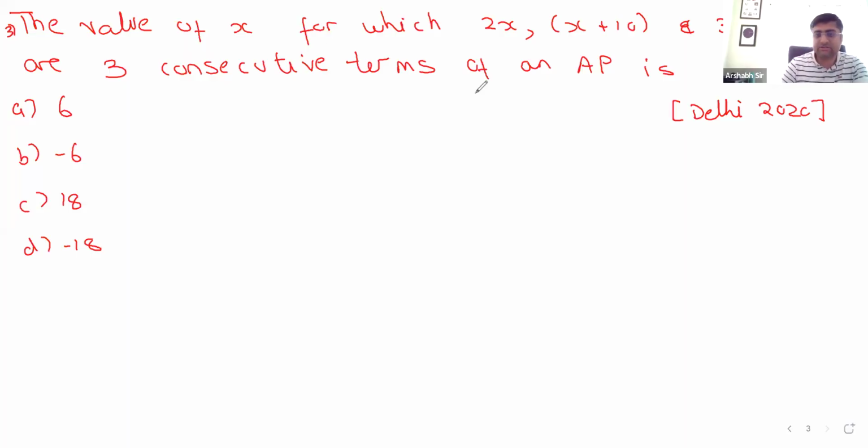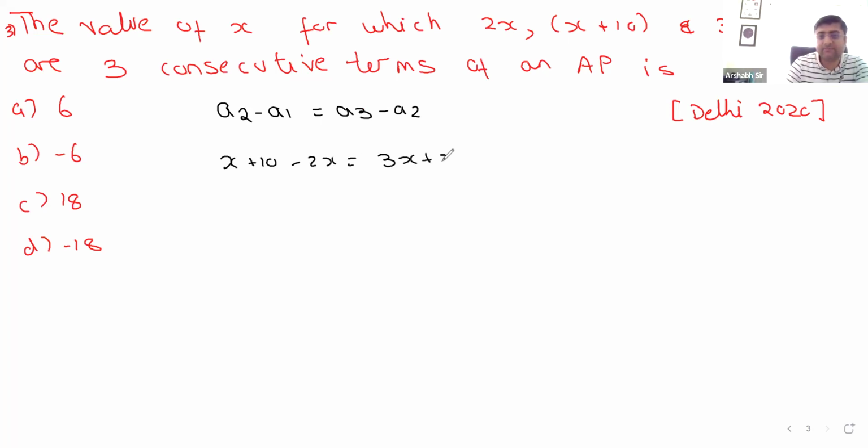So yes, all of you got this right. Whenever you have three consecutive terms of an AP, so we know that second term minus first term is equal to the third term minus second term. Very good, Shubhi. So x plus 10 minus 2x is third term minus second term.